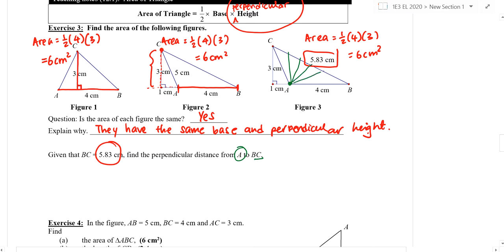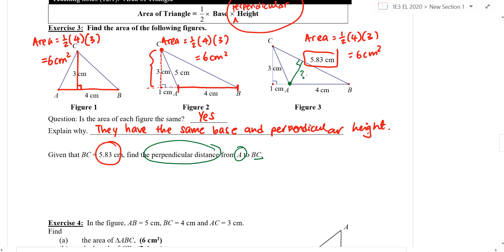These are all possible lines from A to BC. All of these have different lengths. Which exactly is the line that they are requesting? They stated that they want the perpendicular distance. So out of all these lines, we are only interested in the line that is perpendicular. And this line that is perpendicular from A to BC is also known as the shortest distance from A to BC.